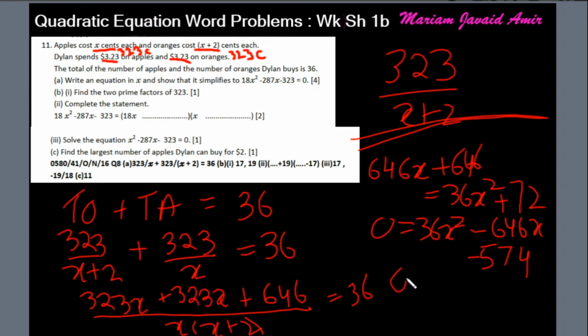Take 2 common from here and we get 18x square minus 646 divided by 2 is 323, and 574 divided by 2 is 287.